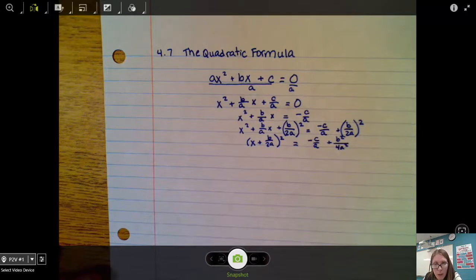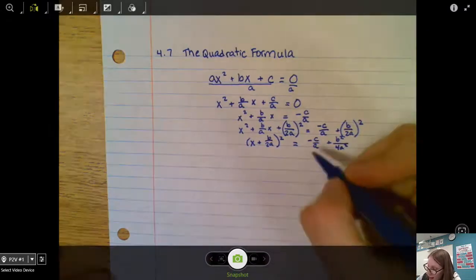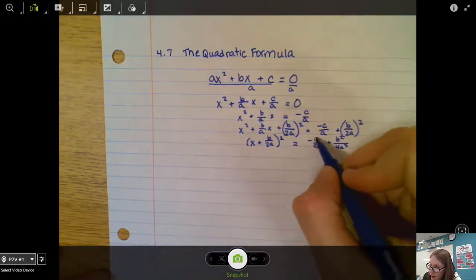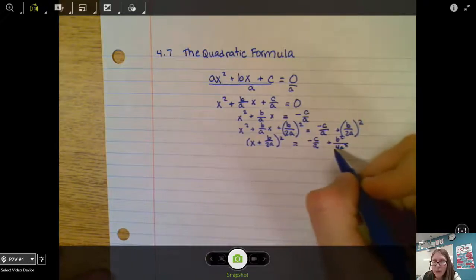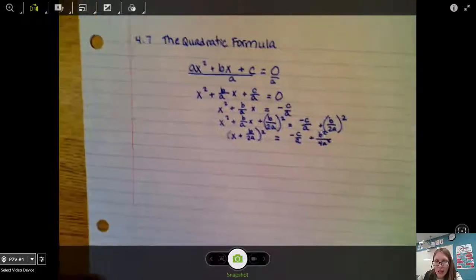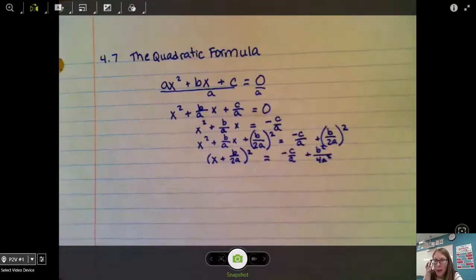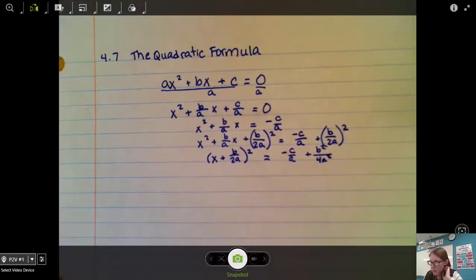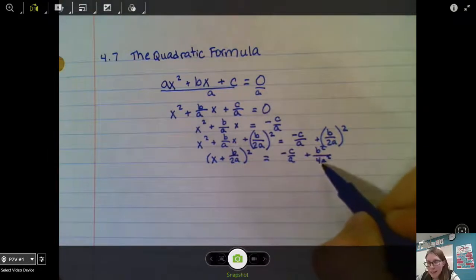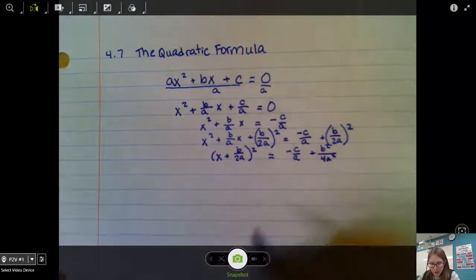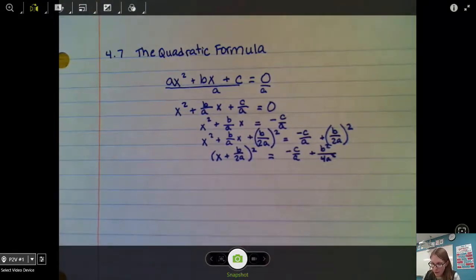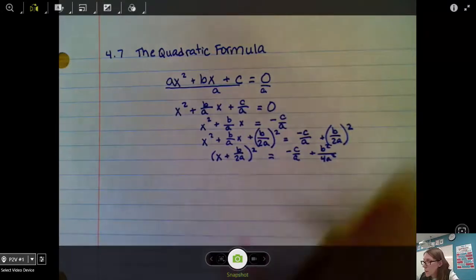And I guess before we really go any further with this, I am going to take my two fractions that are on this right side and combine them. I want to do this addition because that'll make my next steps a little bit nicer. I like this denominator of 4a squared, so that I have a denominator of 4a squared here.